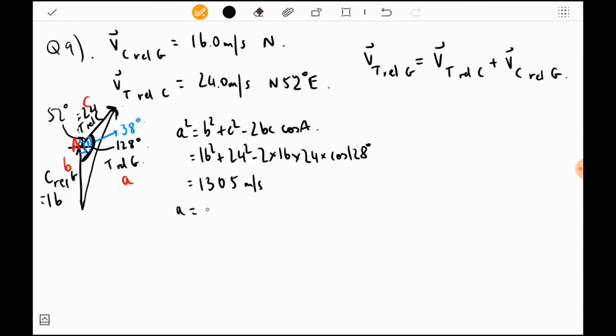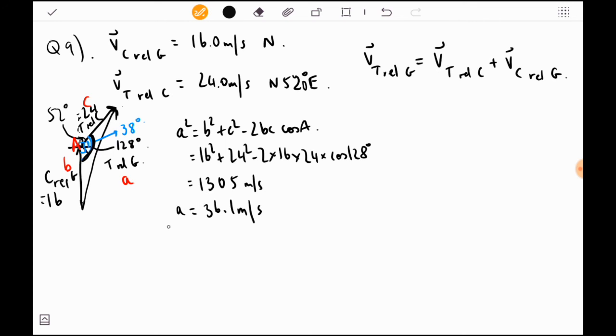So in fact, A is 36.1 meters per second. And this is to 3 significant figures, because we see here we're given this to 3 significant figures. I didn't actually write out this properly. This is actually 52.0 in the question, so this should be 3 significant figures too.